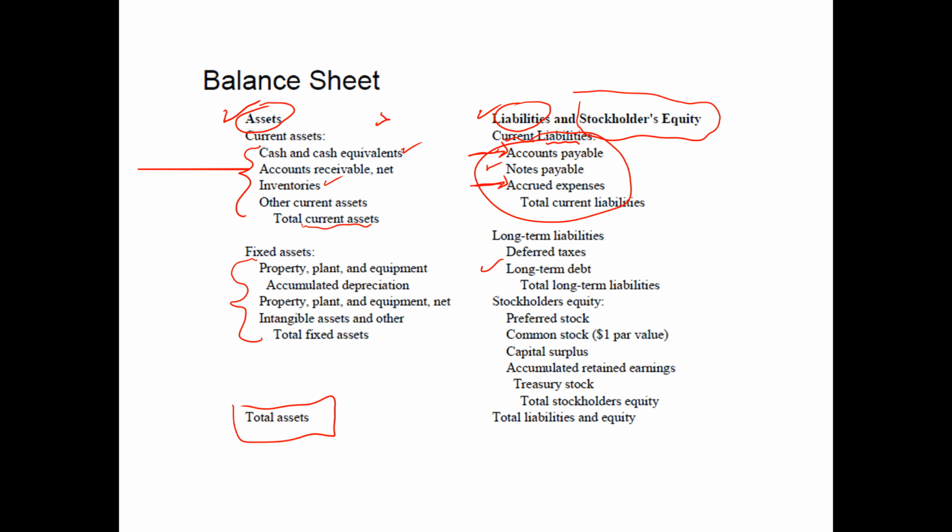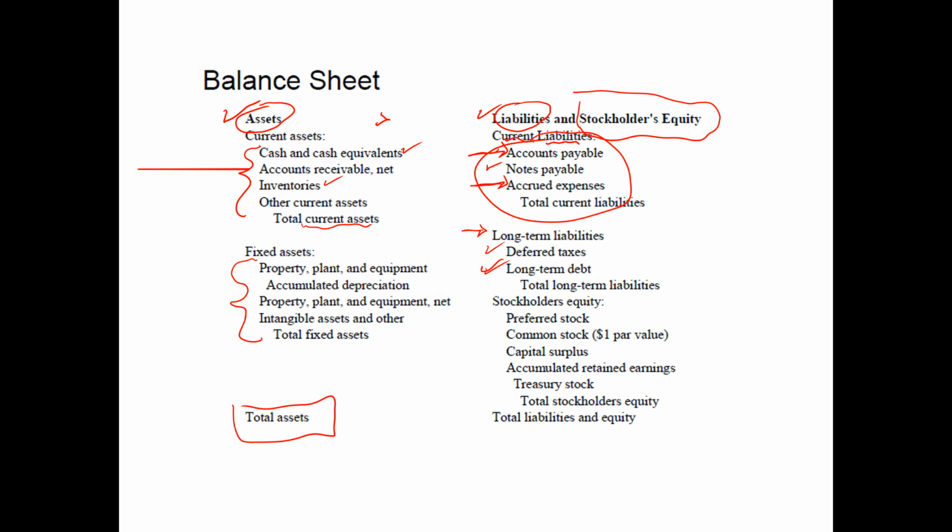And then long-term liabilities, again, we owe beyond 1 year from now. So we might owe some taxes, some debt, and there might be some other things in there like pension responsibilities and other things that we owe perhaps customers. So, for example, if a customer signs a software agreement and we're going to owe them service on that software agreement for 2 or 3 years, that's a liability.